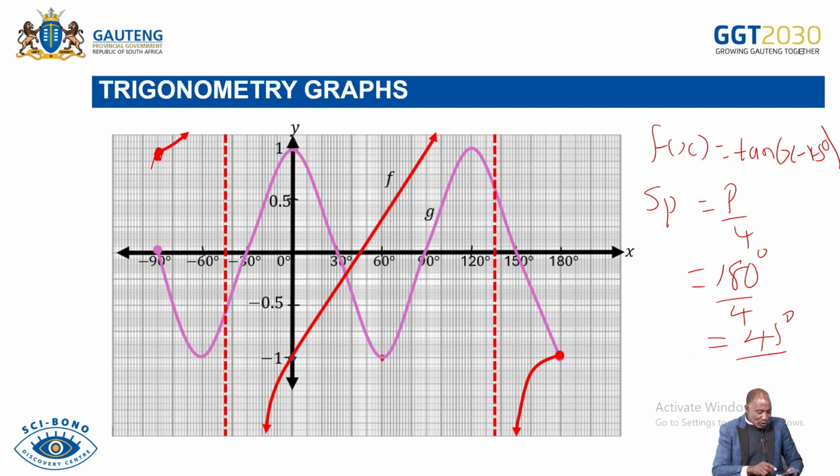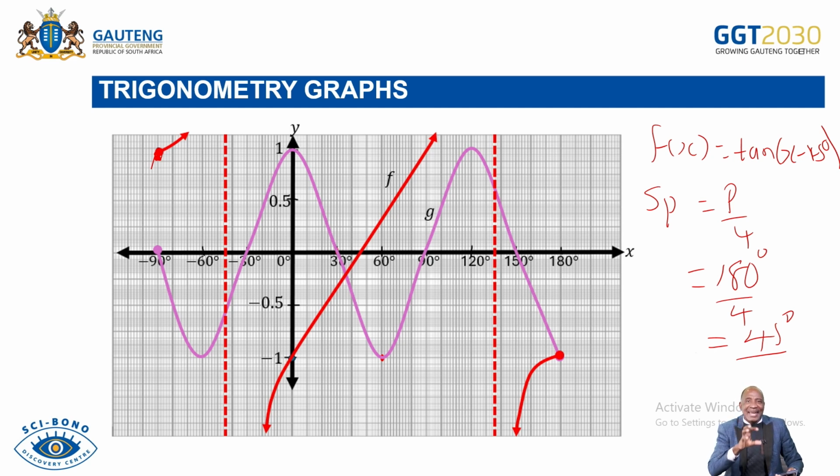Then from there, your step this time will be 45 degrees specifically for the tangent graph. That will enable you to see which ones are lines of asymptotes, which are those broken vertical lines which the graph is not allowed to cross, or neither is it allowed to touch. That's our lines of asymptotes.